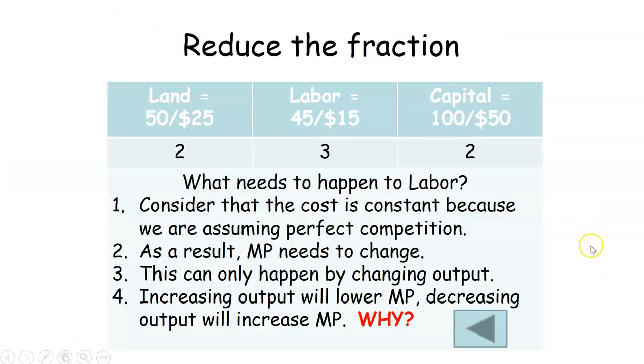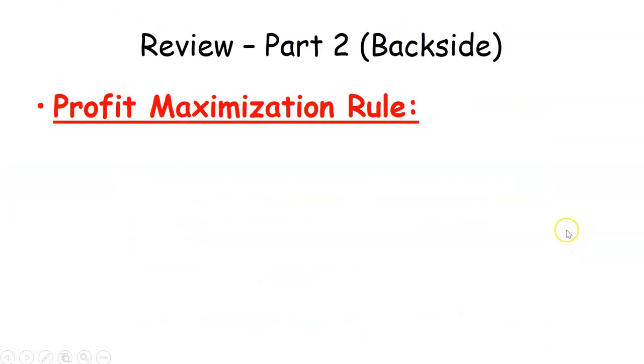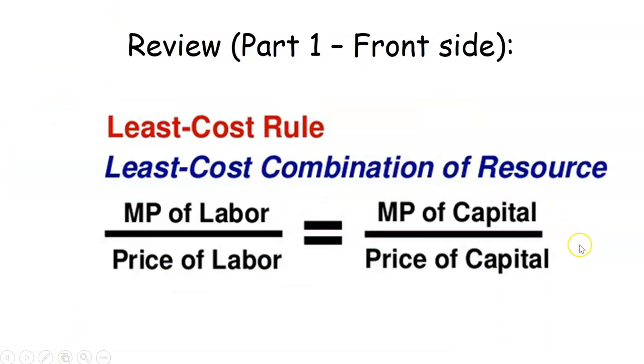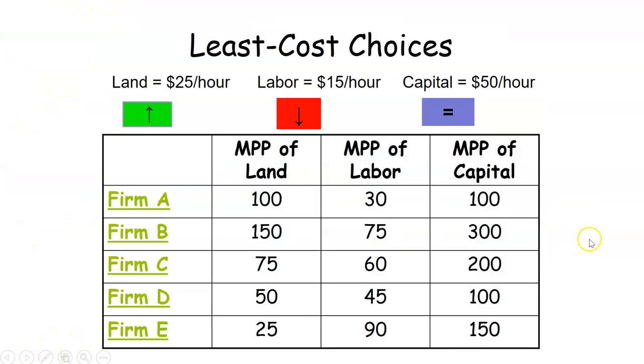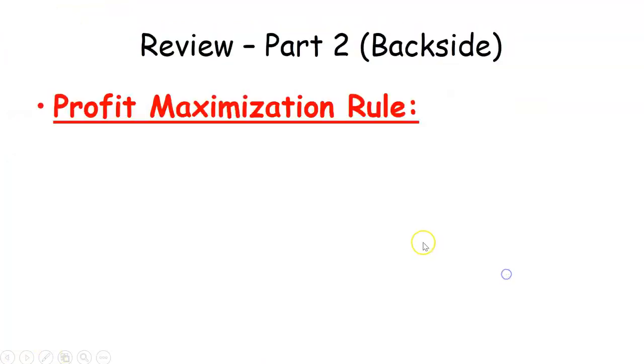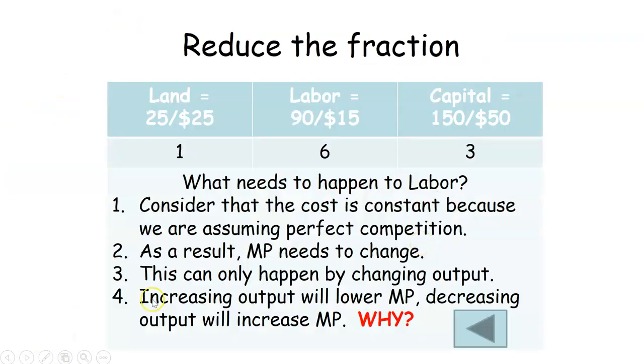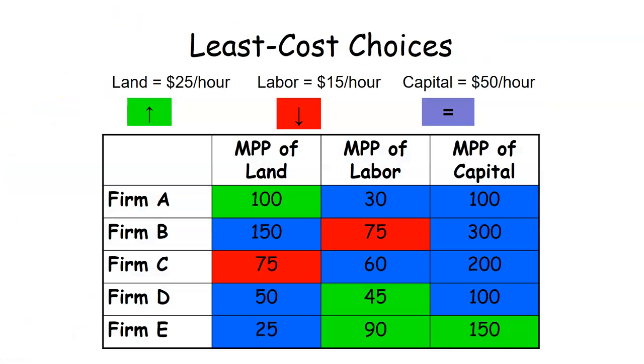So when you're looking at the summary of all of them, let me go back to the summary. So in summary then, when you're looking at what we should do in this example, firm A, we want to increase land.